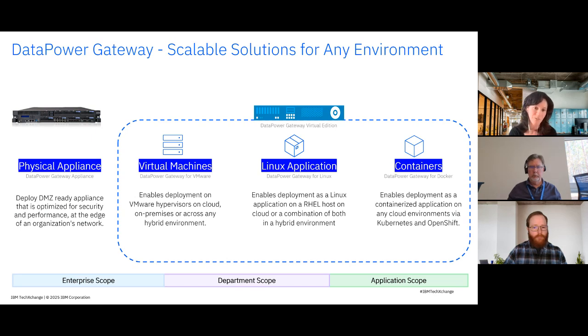You can deploy it as an OVA on VMware, as an RPM on a Red Hat Linux host, or as a container and run it on Kubernetes and OpenShift, for instance. And as I said, most of our customers use multiple form factors like this, so it is extremely beneficial to have that unified DevOps experience. Next slide, please.